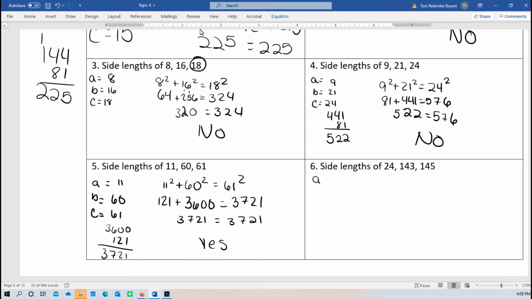All right, last one of these. Ooh, this one's pretty crazy, but I already know that one. That one's 576. That is a big side of a triangle, isn't it?